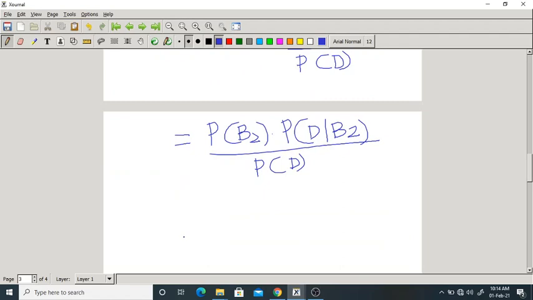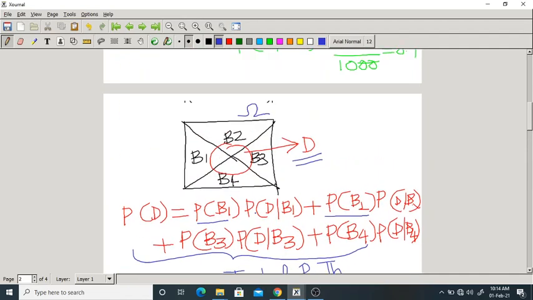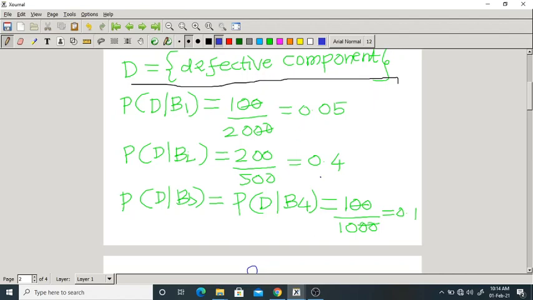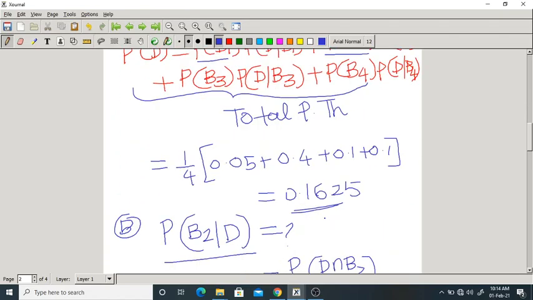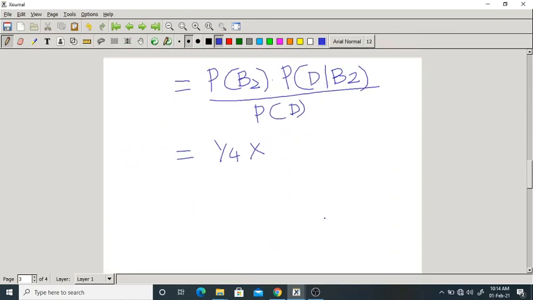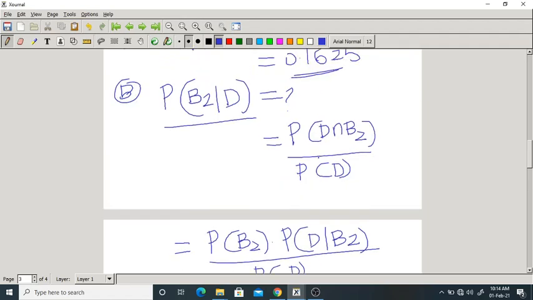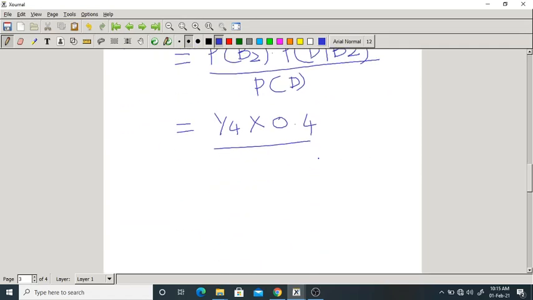The probability of B2 we already know, 1 by 4. So this is 1 by 4 into, what is probability of D given B2? 0.4. I am writing 0.4 by, what is P of D? Just now we found 0.1625.